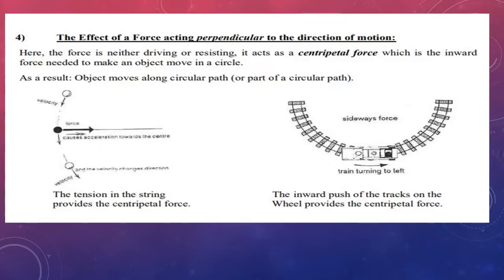So what about the direction of velocity at any point of this circular path? What is the relation of direction of velocity and the centripetal force at any point of this circular path?